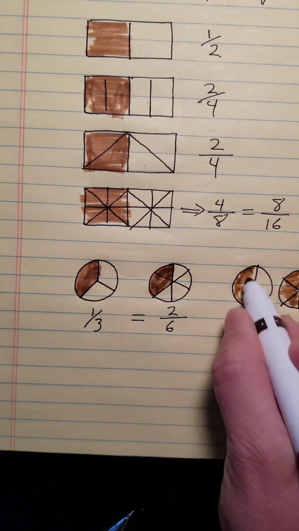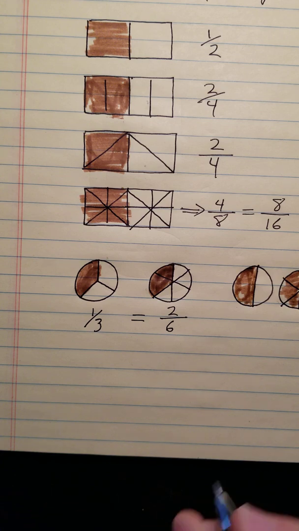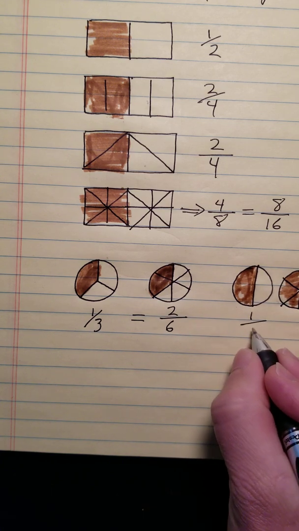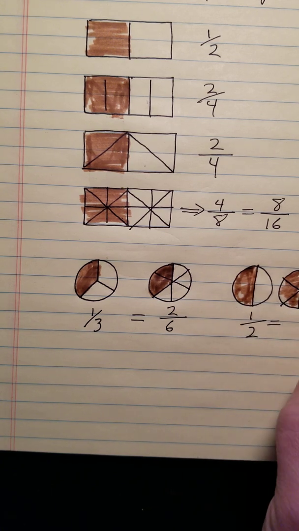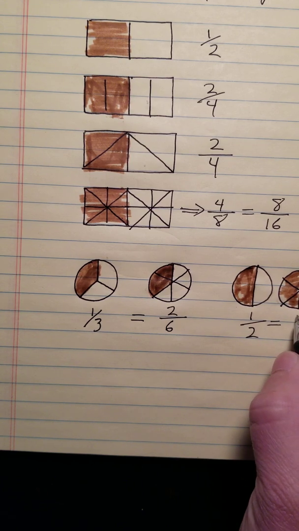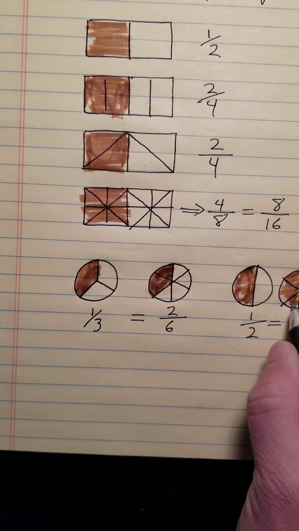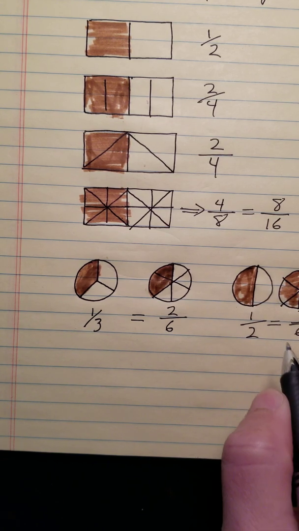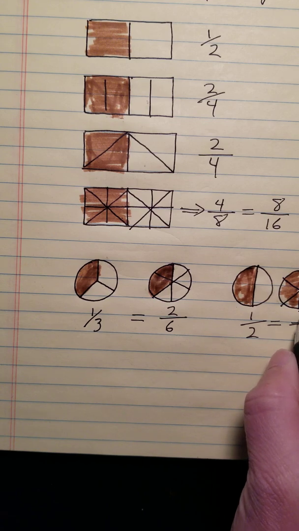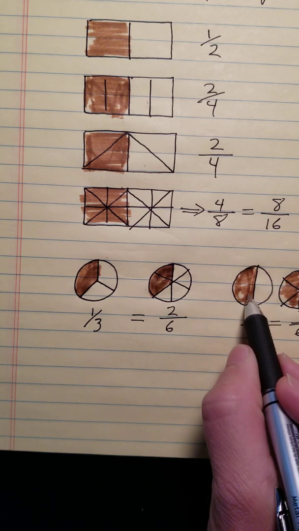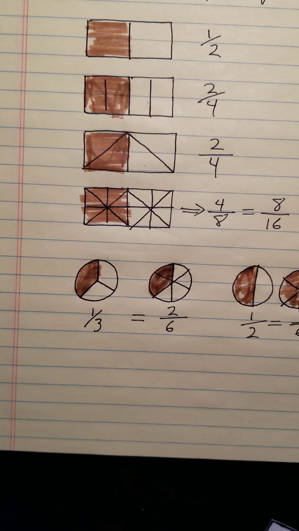So, I'm eating half of this cake. It's the same as eating how much of this cake? Because the denominator is 6 now, because I've got 6 parts. 3 of these is equal to 1 of these.